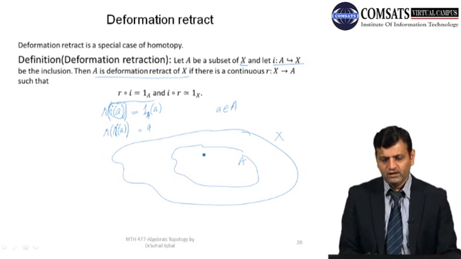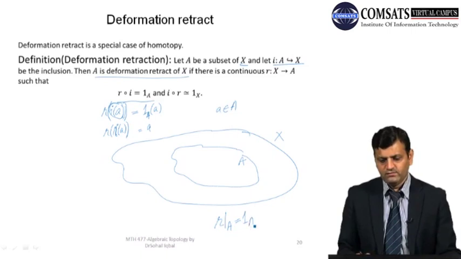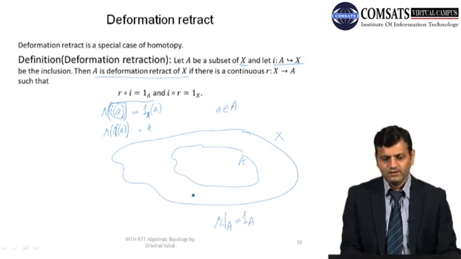In other words, R restricted to A is equal to the identity of A. So I(a) is equal to a, but as an element of X, so R(I(a)) is equal to a.